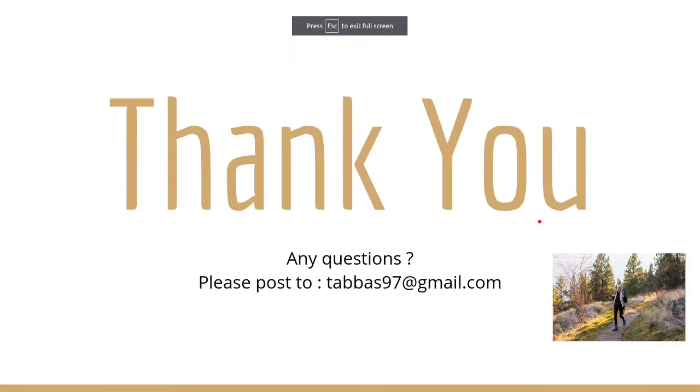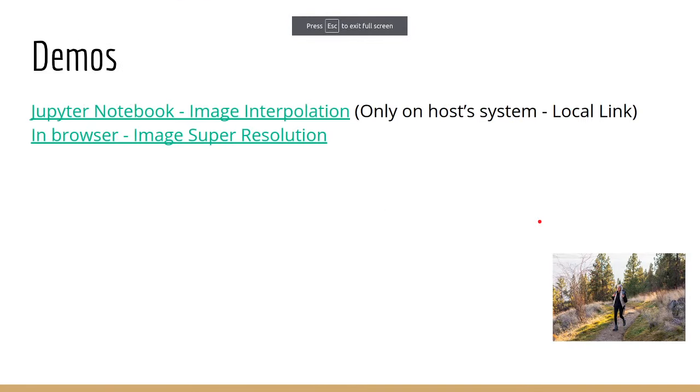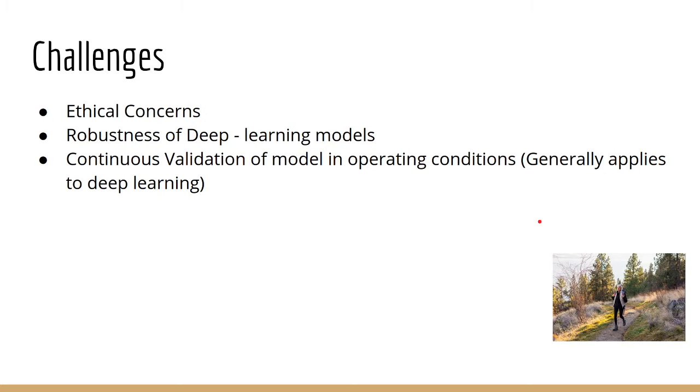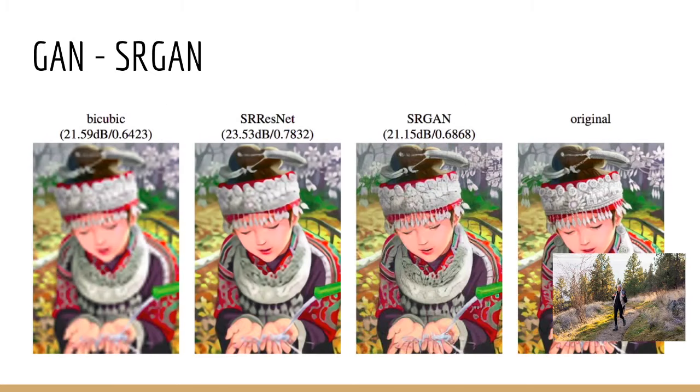And that is the overall picture. With all of these models, there are ethical challenges in using image super resolution. There are ethical concerns in particular because if you observe the SRGAN model, it is hallucinating features and not in the exact same geometry.